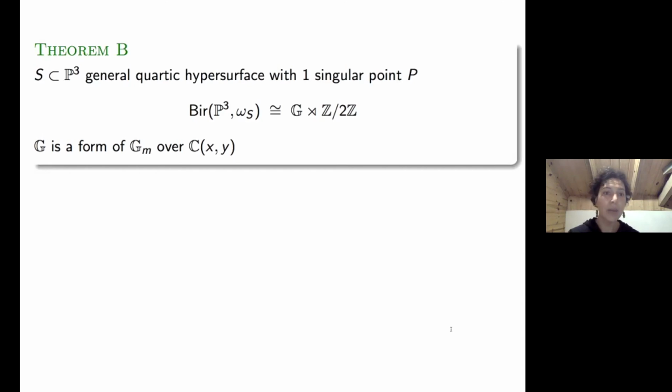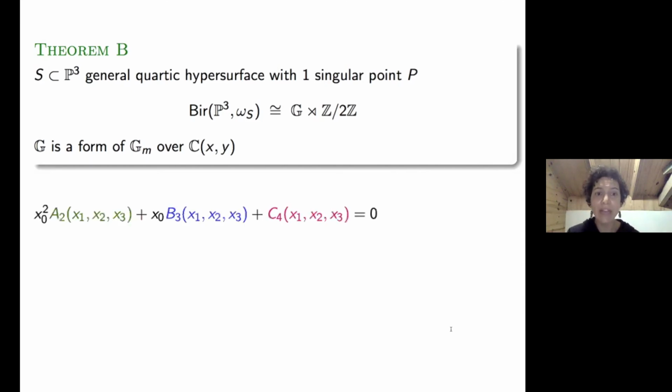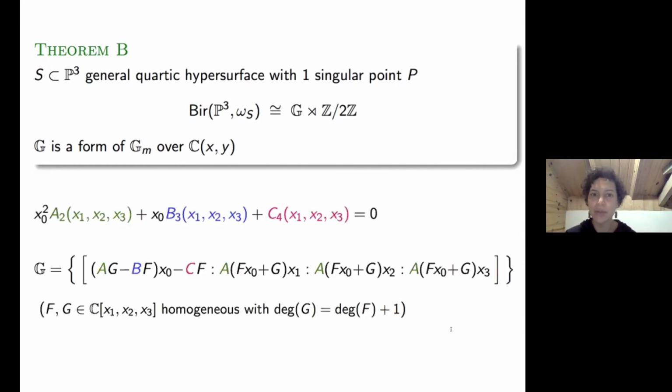But let me just say that these tools, this volume preserving Sarkisov program, do not give us just an abstract description of this group. We can actually write down all the elements of this group. So if you're interested in explicit results, here it is.